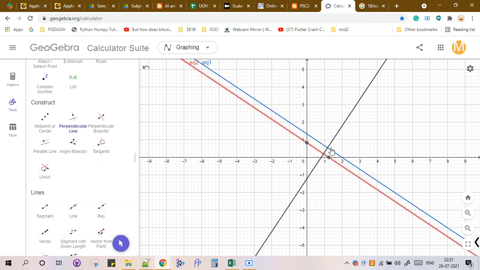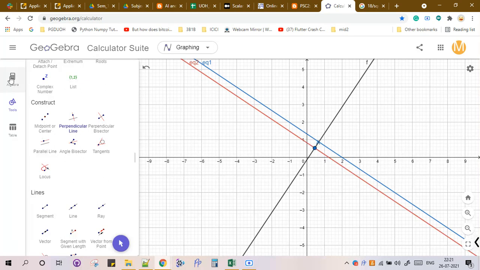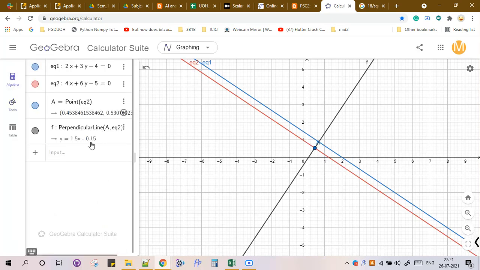It can be anywhere. So what is the equation of this line? y equal to minus 1.5x, plus a constant. If you take the dot product, 2 multiplied by 1, 3 multiplied by 1.5, minus 4 multiplied by plus 1.5, you will get the answer 0. So they are perpendicular to each other.